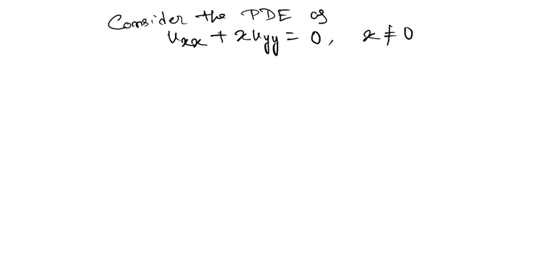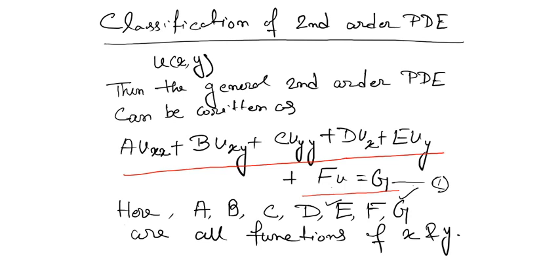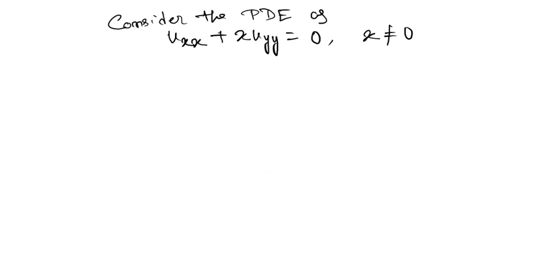So again, I wish to compare this PDE with the general equation. Let me show you again this equation number 1. So if I compare this, I will get a equal to 1, b equal to 0 and c equal to x. I don't need anything else, though d, e, f, g all are zero. I need to calculate the discriminant now.